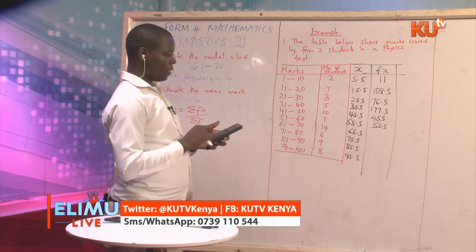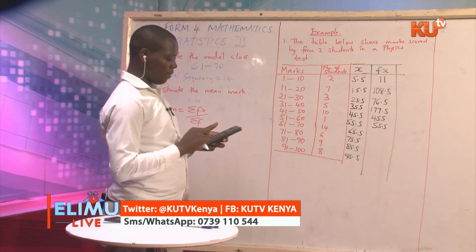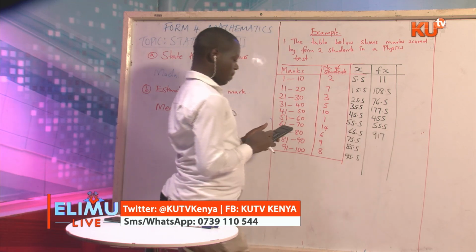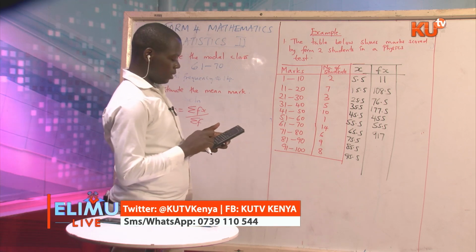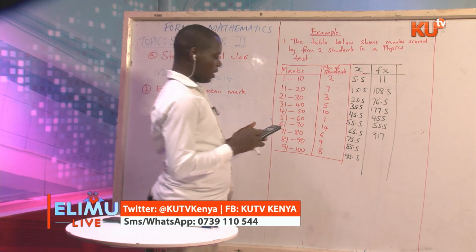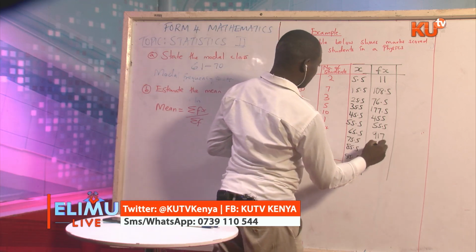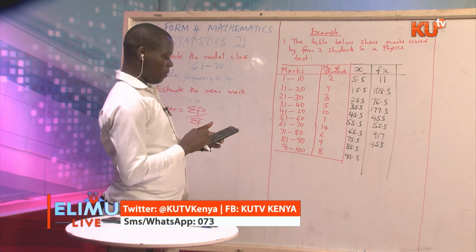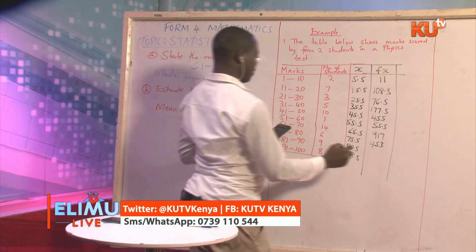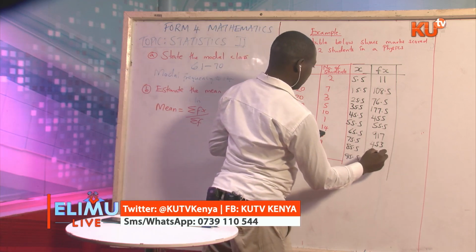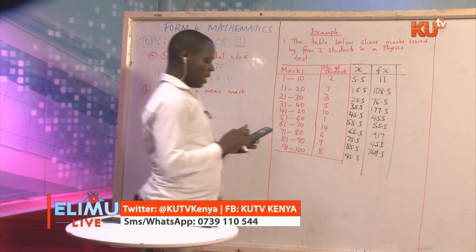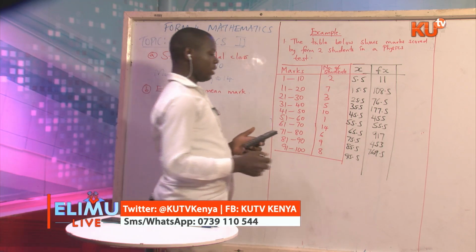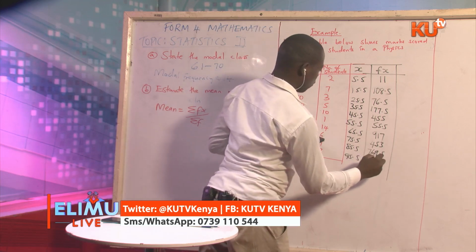And 14 times 65.5 gives us 917. 6 times 75.5 gives us 453. 9 times 85.5, that gives us 769.5. And lastly, 8 times 95.5, the answer is 764.